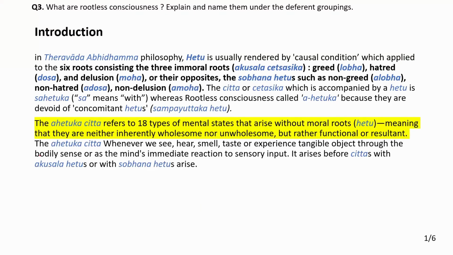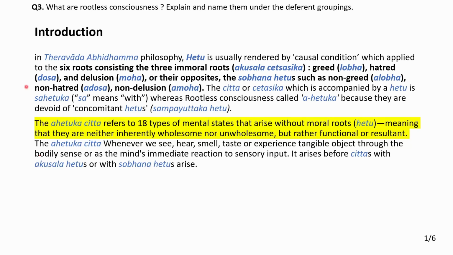Okay, in Theravada Abhidhamma philosophy, hetu is usually rendered as causal condition, which applies to the 6 roots consisting of the 3 immoral roots of akusala citta, which are lobha mula, dosa mula, moha mula, and their opposites, the sobhana hetus, such as alobha, adosa, and amoha.